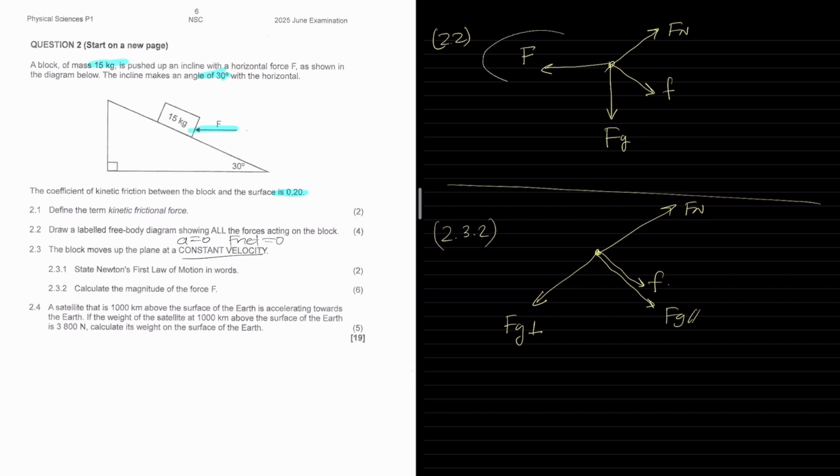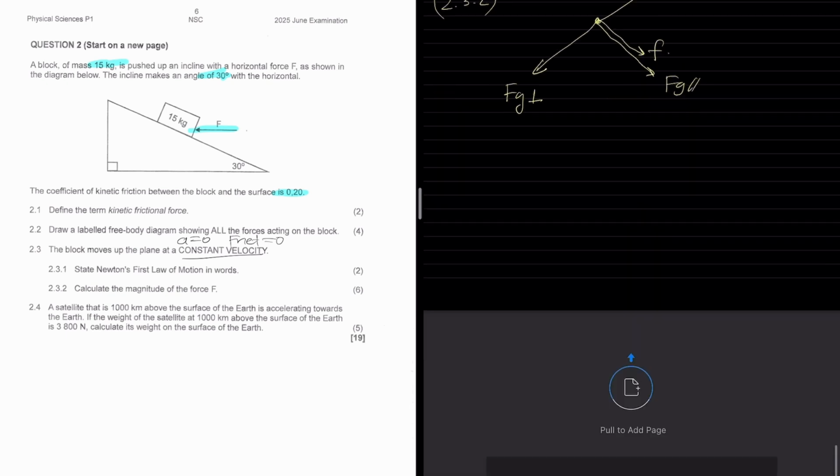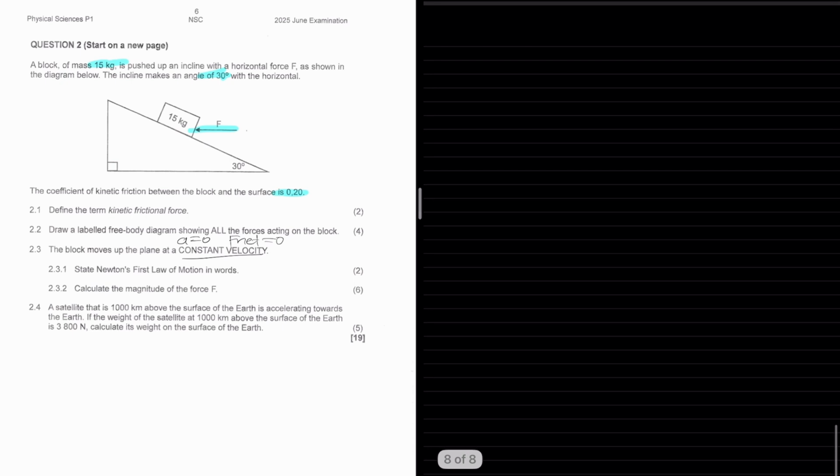And now we need to think about this force applied. Is that force applied going to have any components? So we go here and let's draw it out. So here's my force applied. Now there is going to be a force that goes up the incline. Let's call it F up.